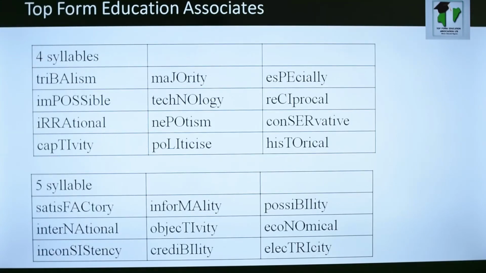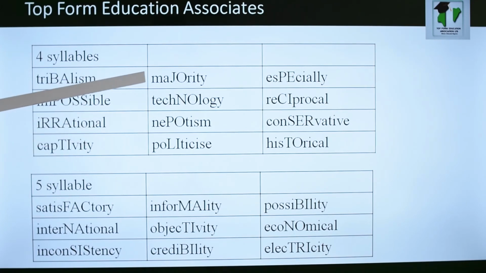Now we are looking at those words that have the endings with 4 syllables. And you stress the word on the third from the back. In essence, the stress will now be on the second syllable. Tribalism. Impossible. This second S should be in small letter. Impossible. Irrational.